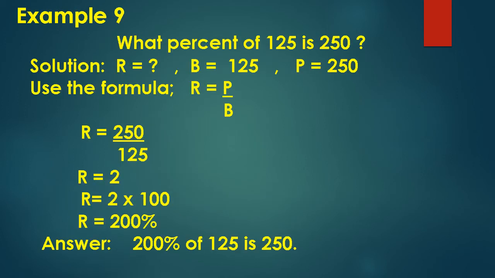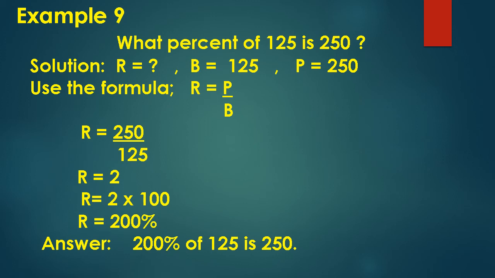What percent of 125 is 250? Solution. R is the unknown. Base is 125. P is equal to 250. We are going to use the formula R is equal to P over B. R is equal to 250 divided by 125.